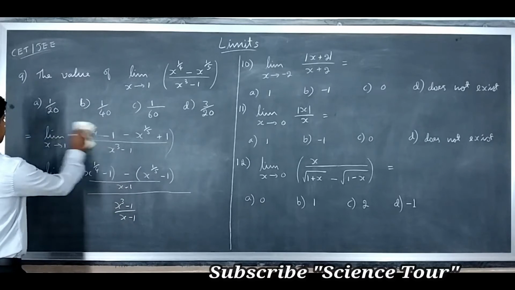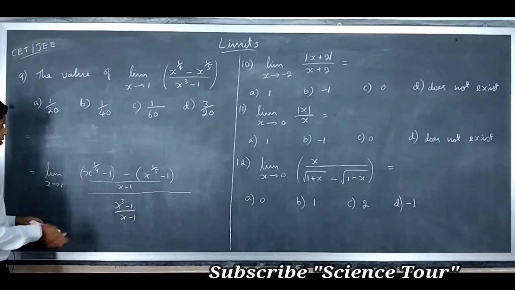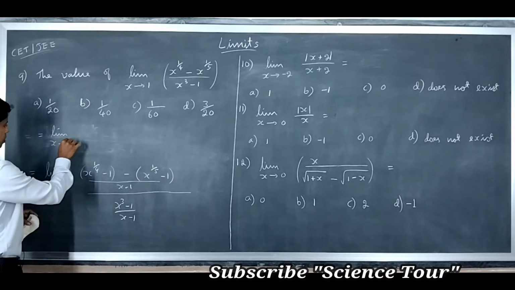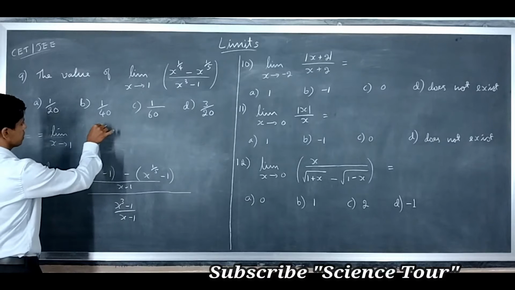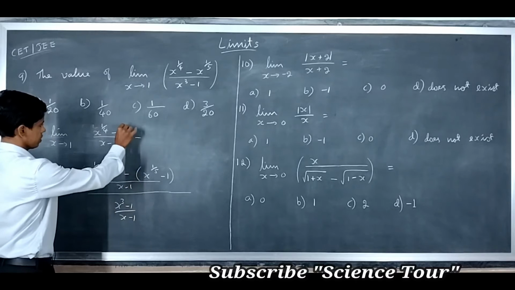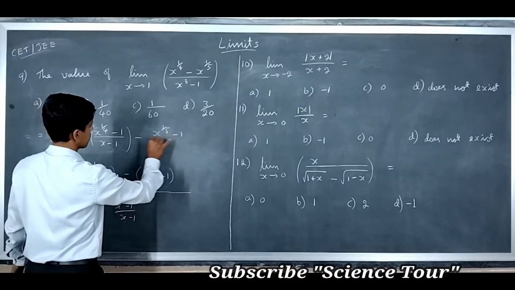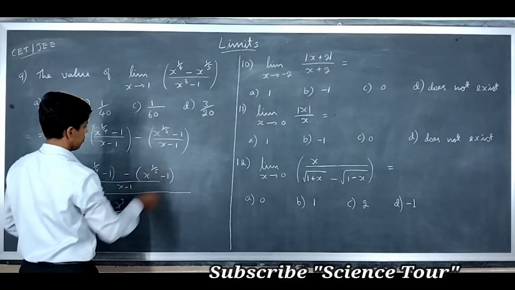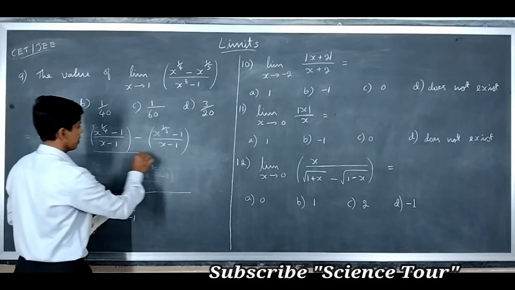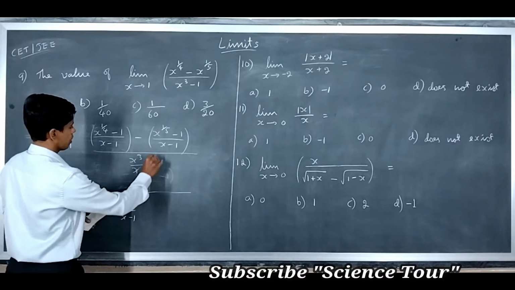Well, so this is like a limit x tends to 1, and here you have x raised to 1 by 4 minus 1 divided by x minus 1 and then minus x raised to 1 by 5 minus 1 divided by x minus 1, divided by x cube minus 1 divided by x minus 1.